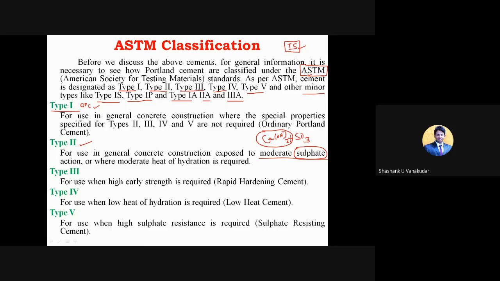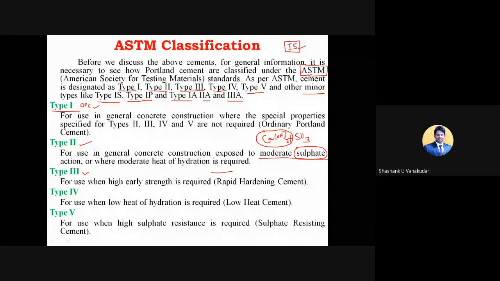And the third type, that is type 3, is for use when high early strength is required. As per the standard norms, we get the strength after 28 days of curing period. Here high early strength means we get the strength earlier than the standard curing period, I mean 28 days.